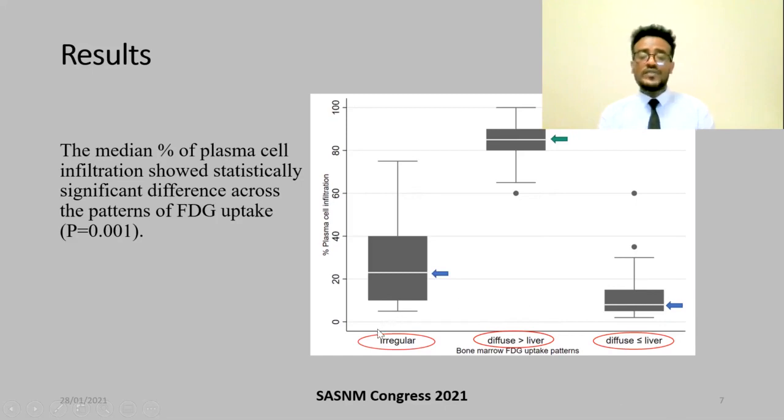However, in patients with irregular pattern of FDG uptake, the percentage plasma cell bone marrow infiltration was quite heterogeneous, ranging from as low as less than 10% to as high as greater than 60%. This is probably due to the risk of unrepresentative sampling in those particular patients.